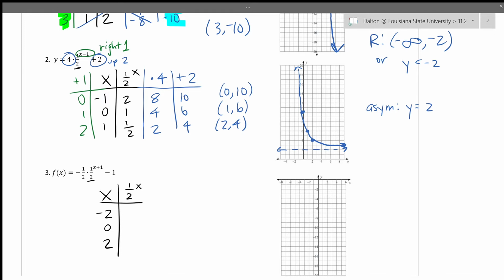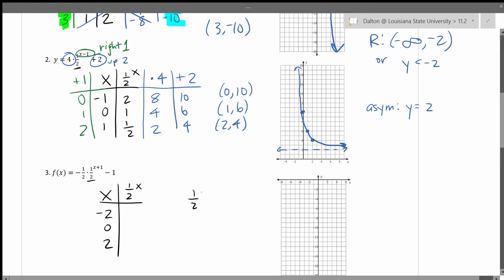So we're going to do the same thing. We're going to plug these three numbers into 1/2 to the x power. So 1/2 to the -2nd power. In order to make this a positive exponent, we're going to have 1 over 1/2 squared, which, what is 1/2 squared? One-fourth, hopefully, you said or thought.